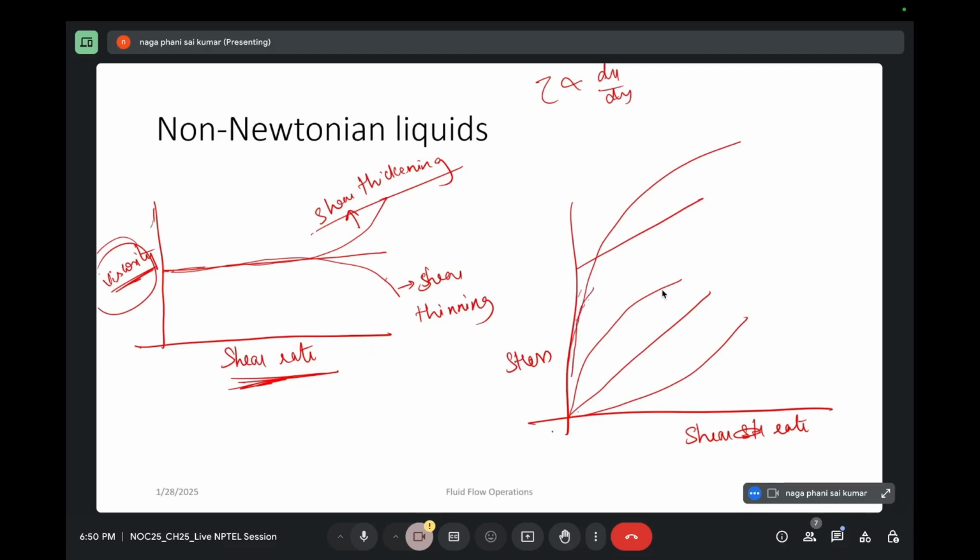Okay. So this is a shear thinning liquid. This behavior is shear thinning. Here, the earlier graph was between viscosity and shear rate, right? Now we are drawing the graph between shear stress and shear rate. So this is how it looks for shear thinning, and this is how it looks for shear thickening.